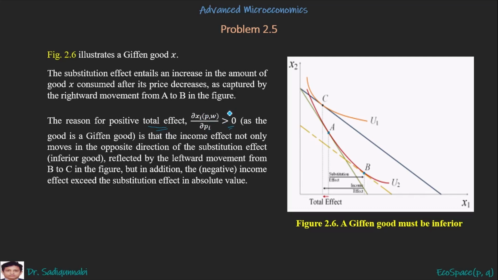In the case of a Giffen good, the income effect not only moves in the opposite direction of the substitution effect. So you see in the graph, the substitution effect moves to the right, the income effect moves to the left.